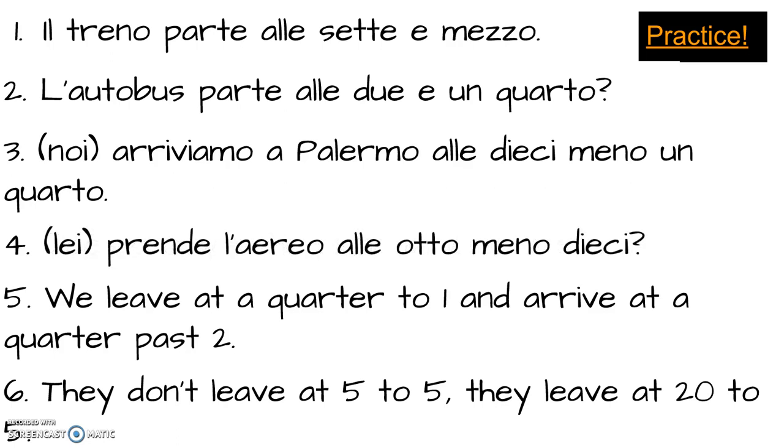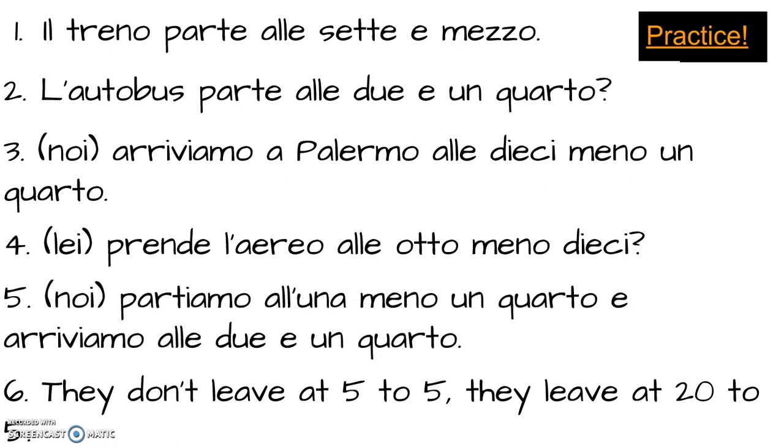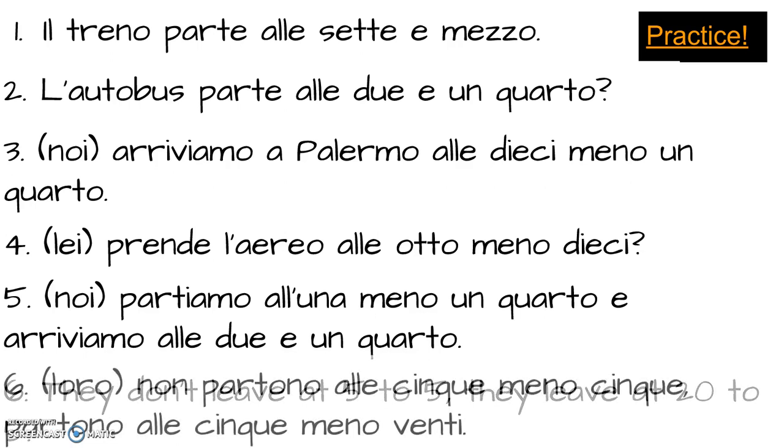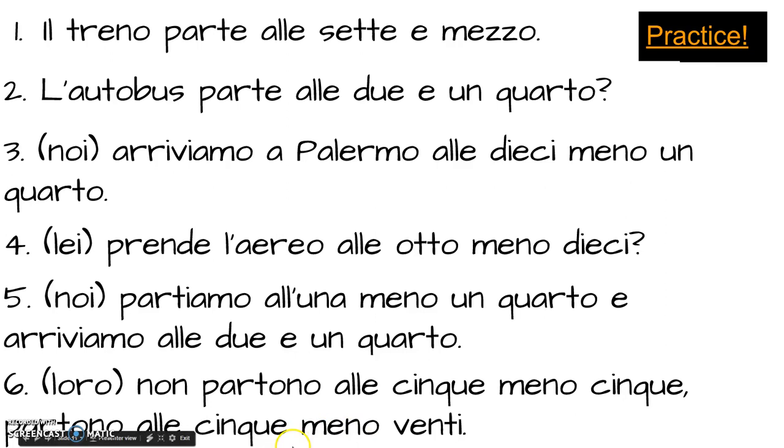Number 4, lei prende l'aereo alle 8 meno 10. Number 5, noi partiamo all'1 meno un quarto e arriviamo alle 2:15. And number 6, loro non partono alle 5 meno 5, partono alle 5 meno 20.